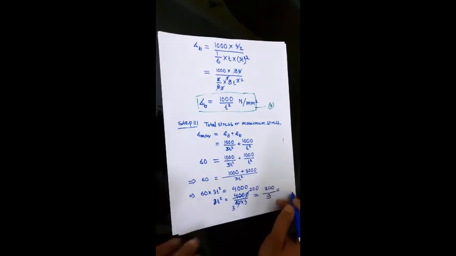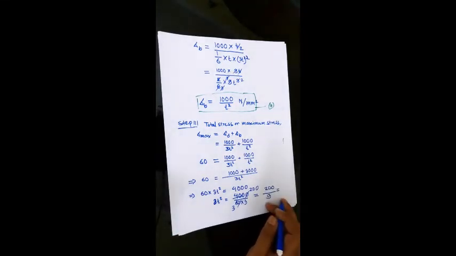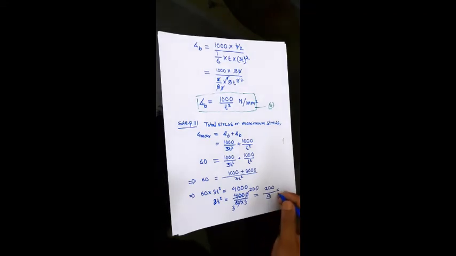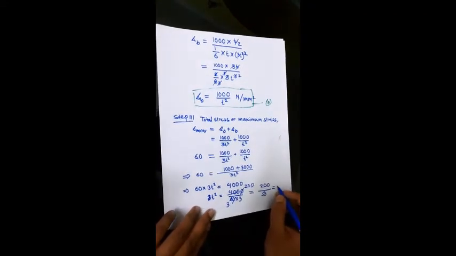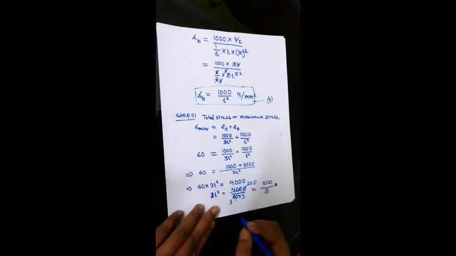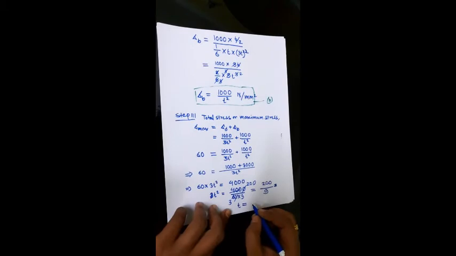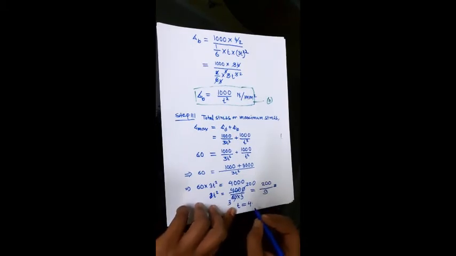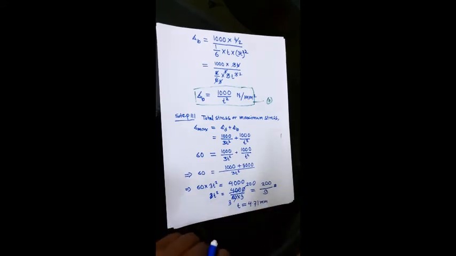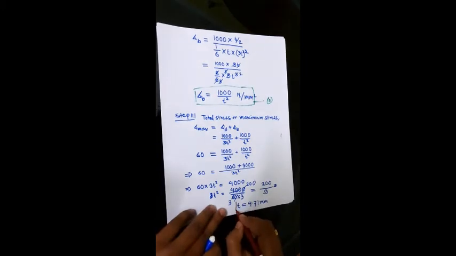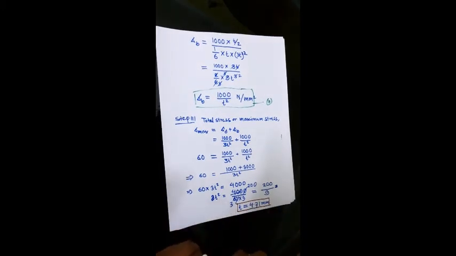If we calculate it using a calculator, the value of t will become 4.71 mm. So this is our first answer, the value of t. Now b is nothing but 3 into t.